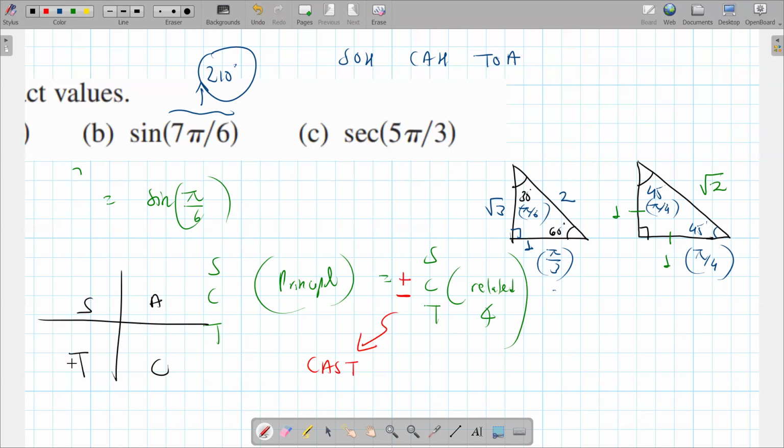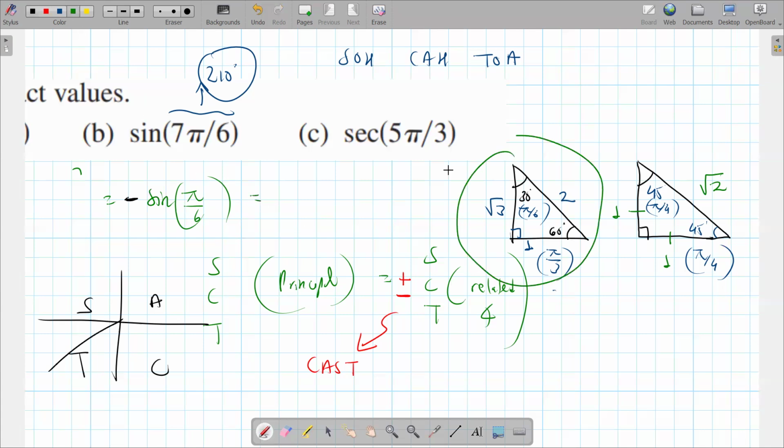In the third quadrant, tan. So we're in the third quadrant. Is sine positive or negative in the third quadrant? Negative. So sine 7 pi over 6 is going to be negative sine pi over 6. If this was a tan, then it would not be negative because tan is still positive in quadrant 3. But because it's sine, we have to put a minus sign.